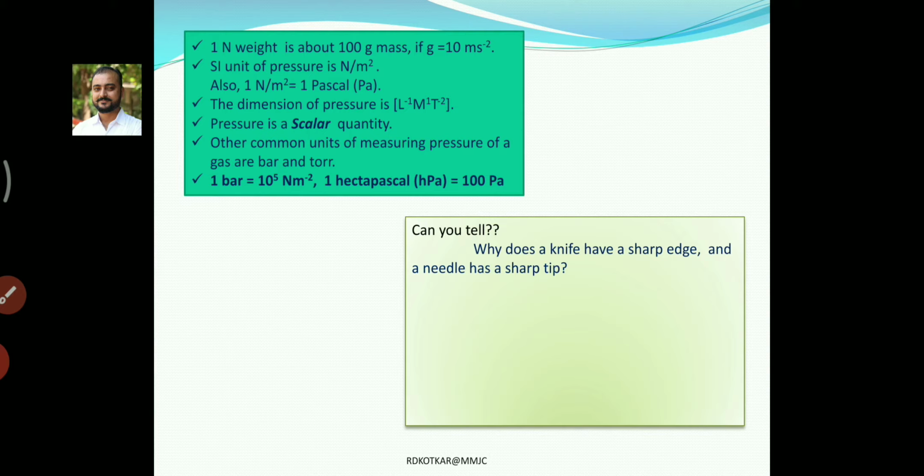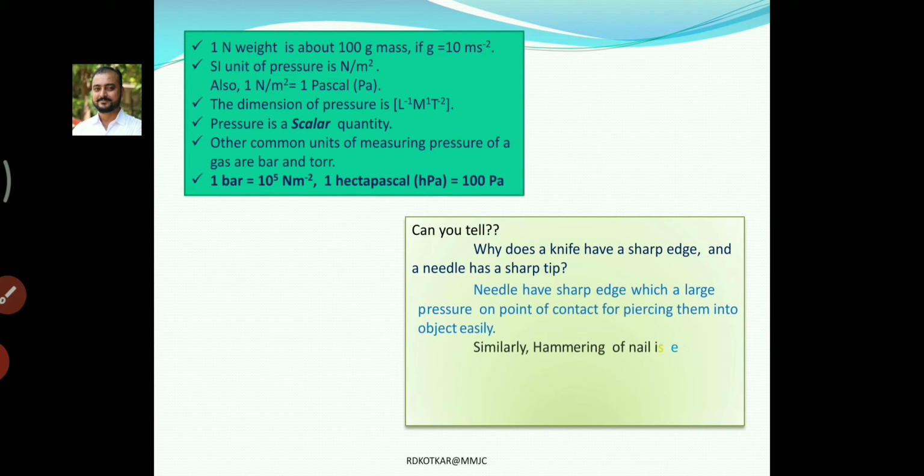You would require much more force. But if you have a sharp edge, then it can easily cut the vegetables or fruits. So the reason is that the needle has a sharp edge which exerts a large pressure on a point of contact for pressing it into the object easily.